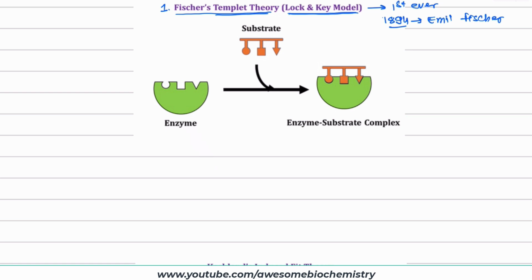According to this theory, the structure of the enzyme is rigid, and because of the rigid enzyme structure, its active site, this is the active site of the enzyme, is a preformed template. Now, to this preformed template of the active site, the substrate which is complementary to this preformed template binds with the enzyme, and such an enzyme-substrate complex is formed.